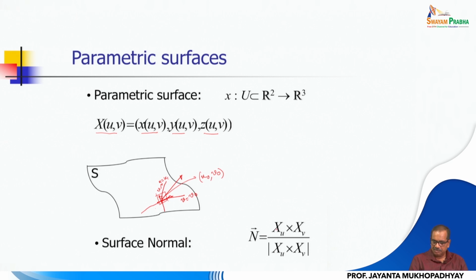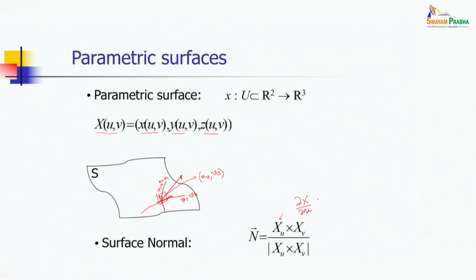So that is how we get xu, which represents the partial derivative of this surface x(u, v). Similarly for v.